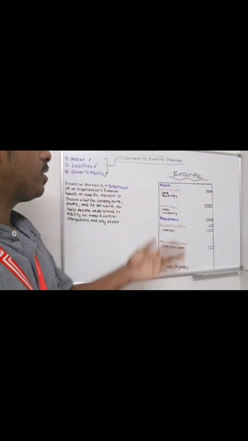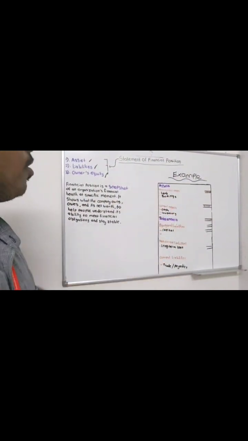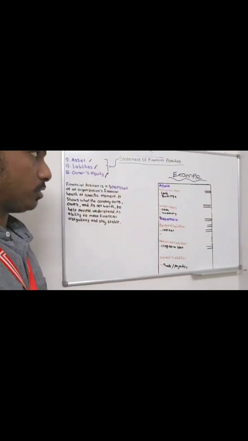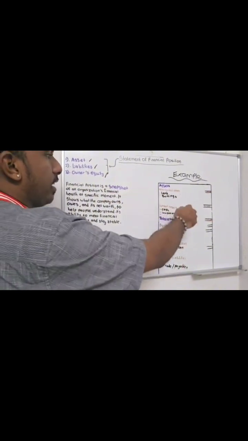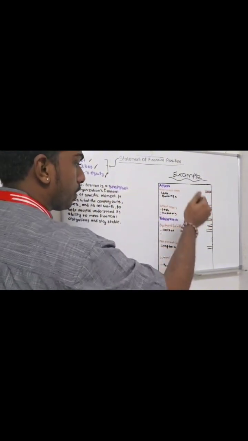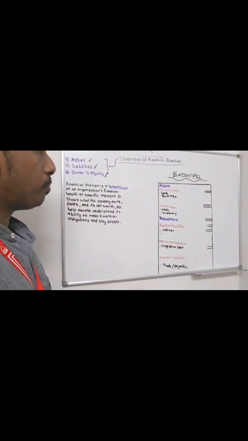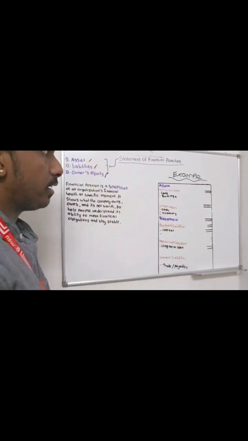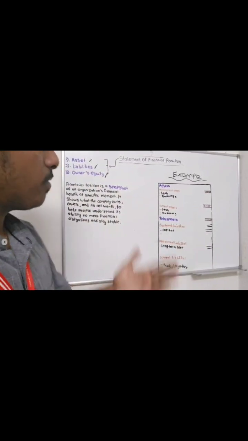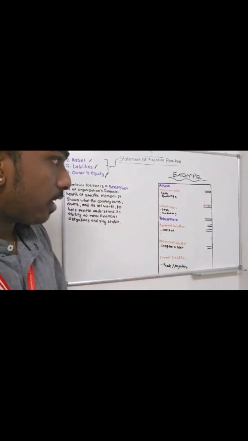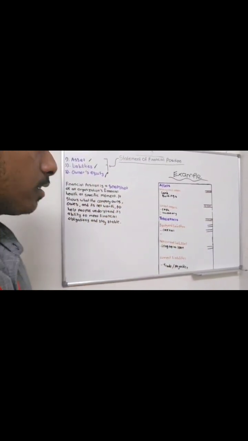Here we can see an example of a statement of financial position. You have to list out the assets, equity and liabilities. The assets are divided into two parts, non-current assets and current assets. You need to identify which is the current asset and which is the non-current asset.